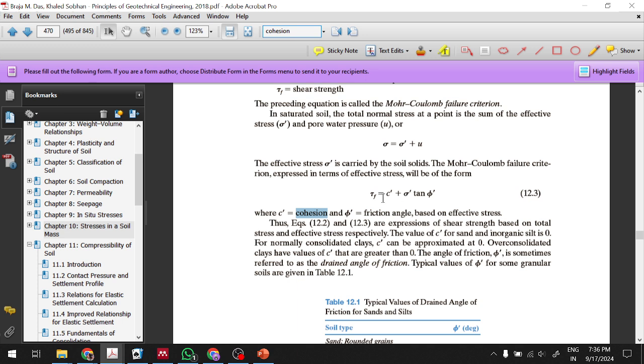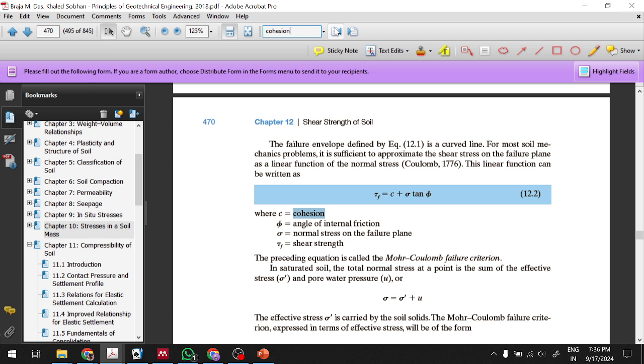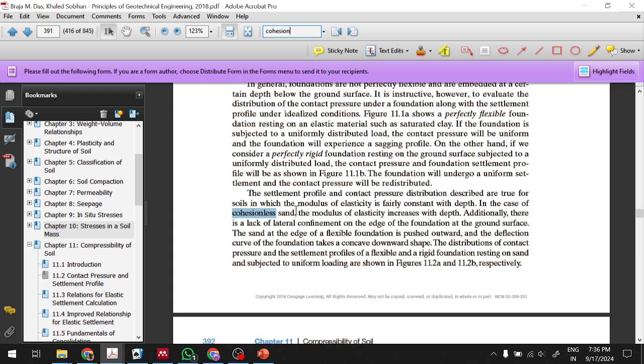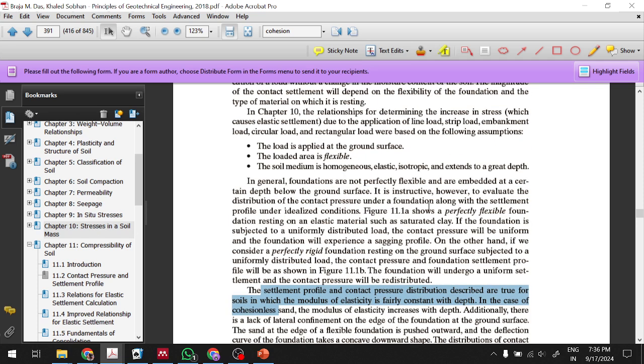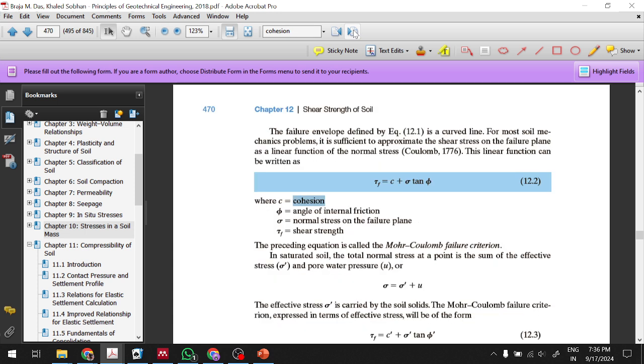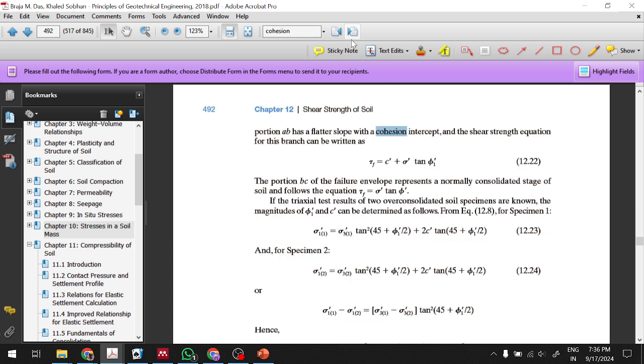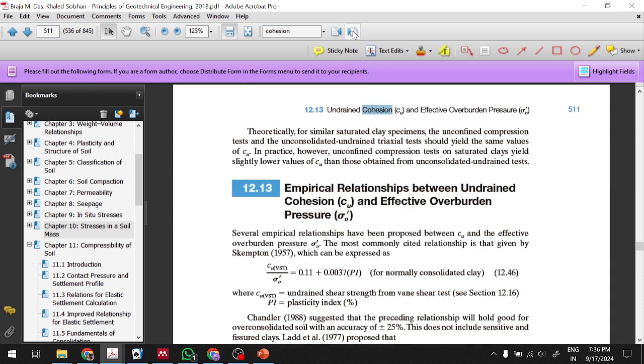So based on 12.2, let's check in the other section.